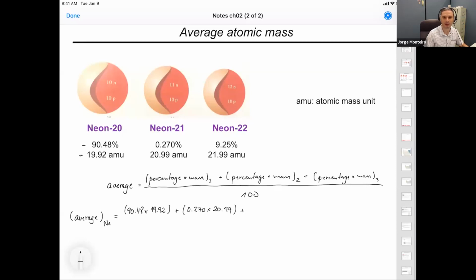And finally, the third one, 9.25 times 21.99. And all of that is going to be divided by 100.